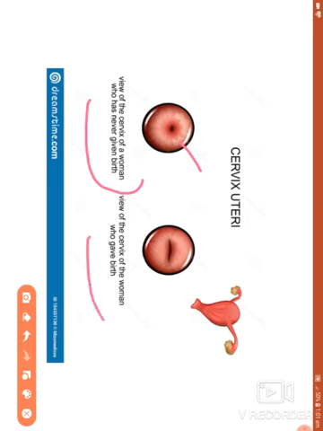In multiparous women who have given birth, that opening appears somewhat triangular, widened and expanded. It's almost the shape of a fish mouth. So this is the shape of the cervix in the multiparous woman, and this is in the nulliparous woman.